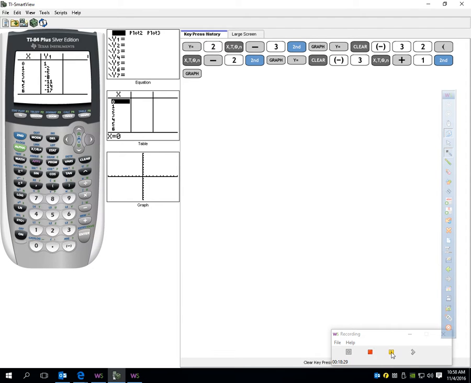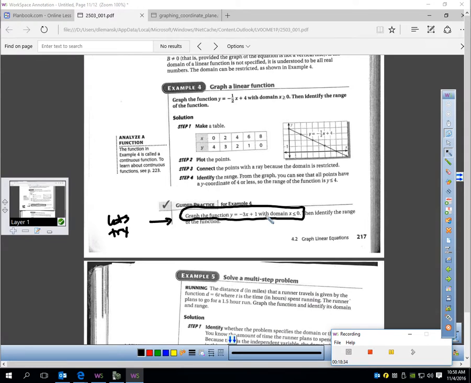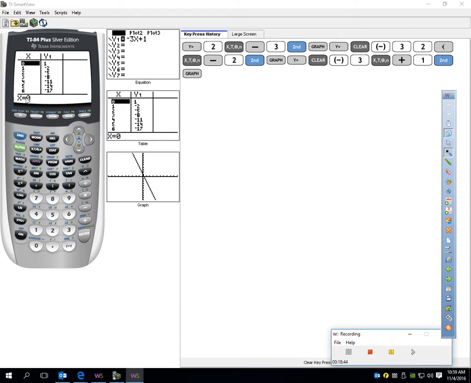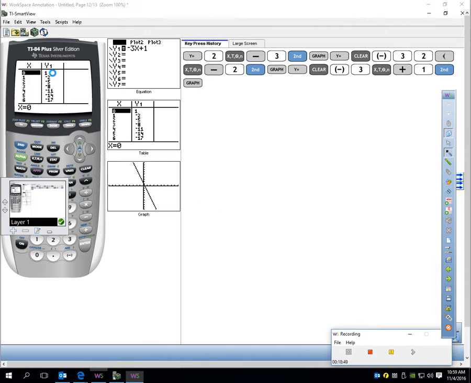Now, we have to be careful here, because remember, the domain, the x values, can only be less than or equal to 0. My calculator doesn't understand that. My calculator doesn't think. It just produces results. So I have to understand that these results I can't even use, because do you notice the x values here are all bigger than 0.